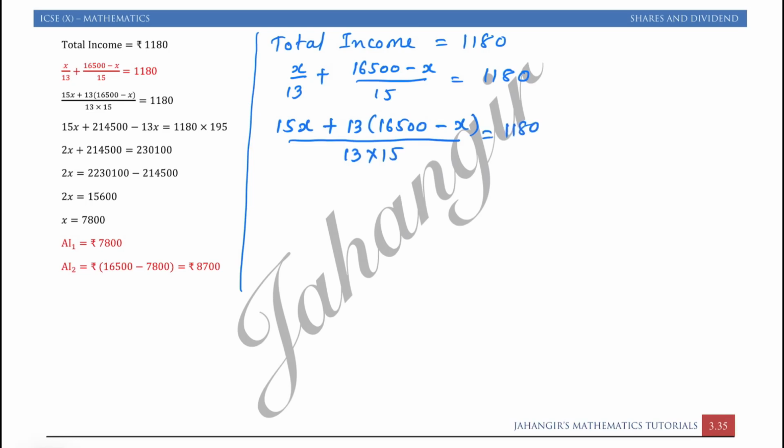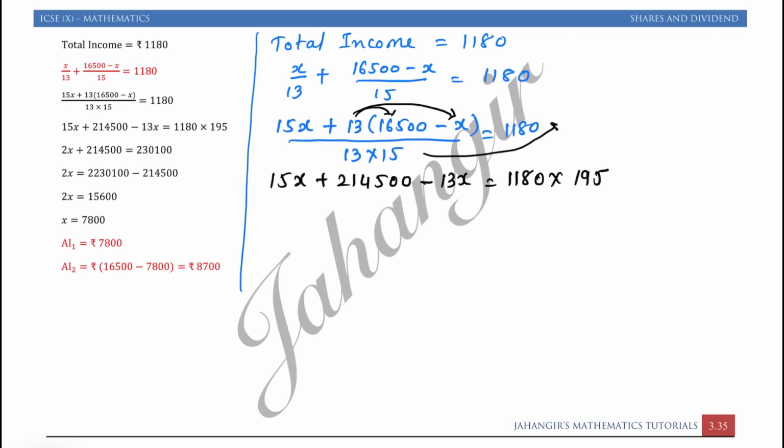So let us multiply numerator. 13 into 16,500 is 214,500 minus 13 into x is 13x is equal to, we will multiply this with 1180 into 13 into 15 is 195.